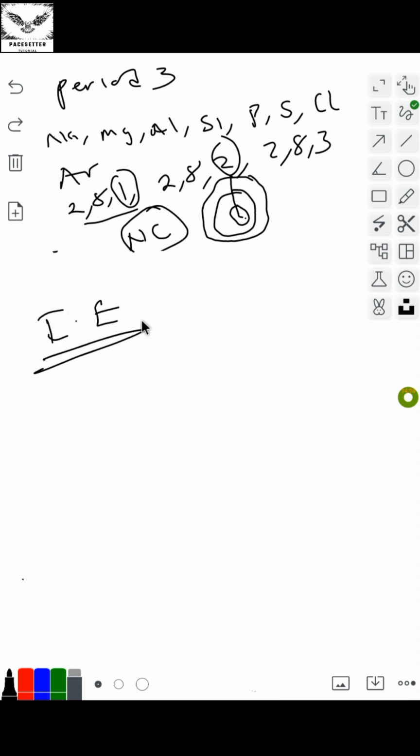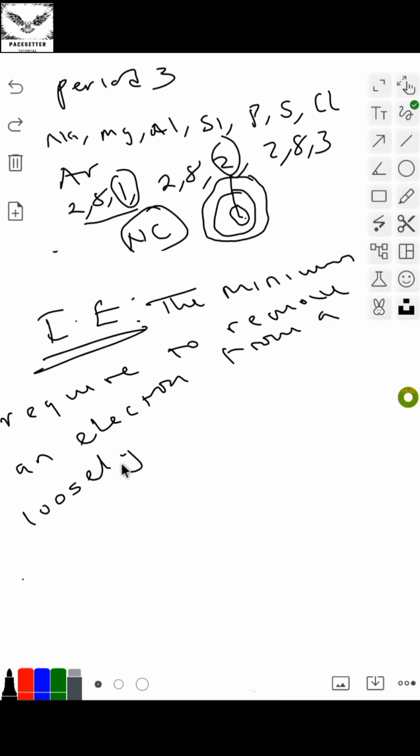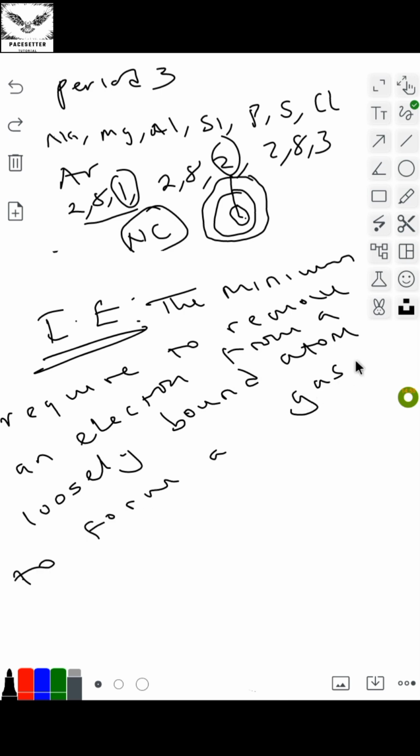Ionization energy is the minimum energy required to remove an electron from a loosely bound atom to form a gaseous ion.